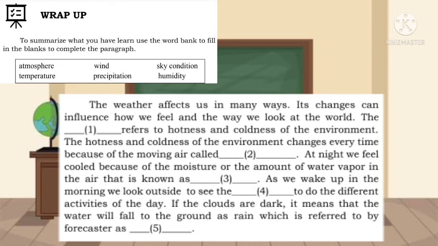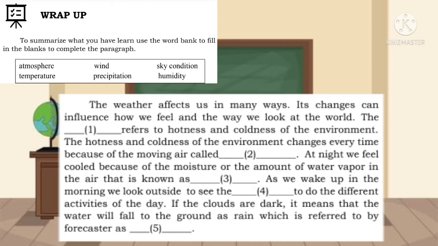The blank refers to hotness and coldness of the environment. The hotness and coldness of the environment changes every time because of the moving air called blank. At night, we feel cooled because of the moisture or the amount of water vapor in the air that is known as blank.